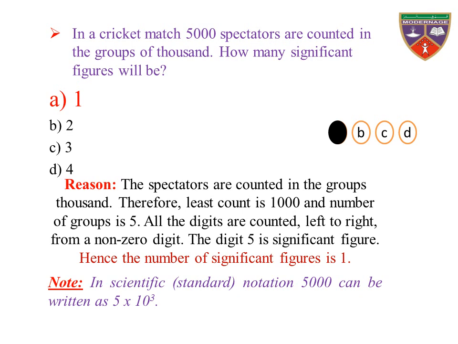Now, in scientific notation, which is also known as the standard notation, 5,000 can be written as 5 into 10 power 3. Here, digit 5 is mantissa and digit 3 is exponent. Exponent may be positive or negative.